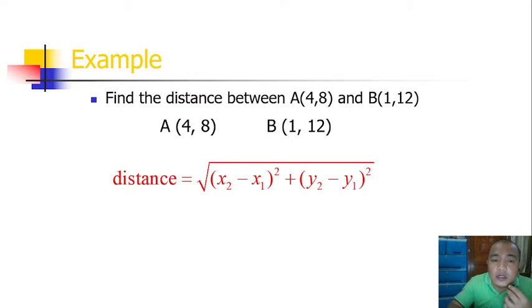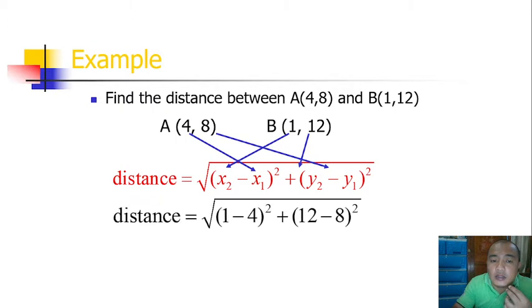First, assign our values: x sub 1 is 4, y sub 1 is 8, x sub 2 is 1, y sub 2 is 12. Substitution, we have 1 minus 4 quantity squared plus 12 minus 8 quantity squared.